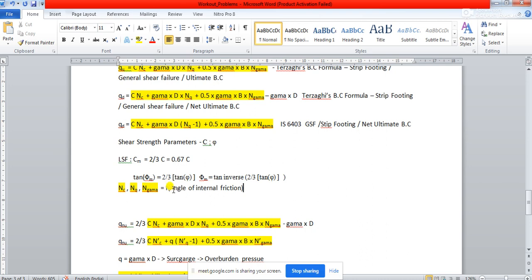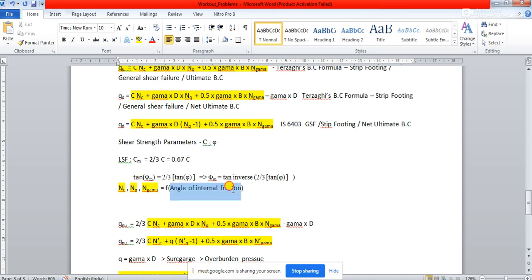So when they are a function of angle of internal friction, if the value changes from phi to phi m, and phi m is lesser than phi, then what will happen?